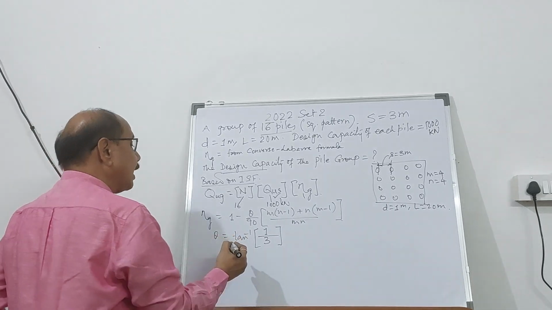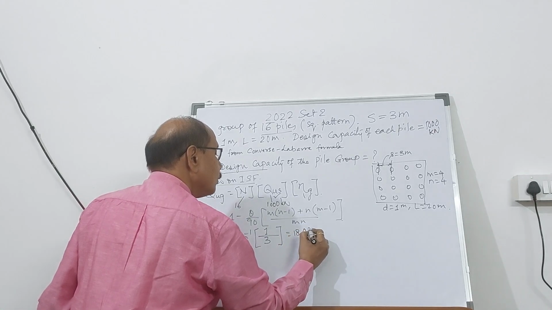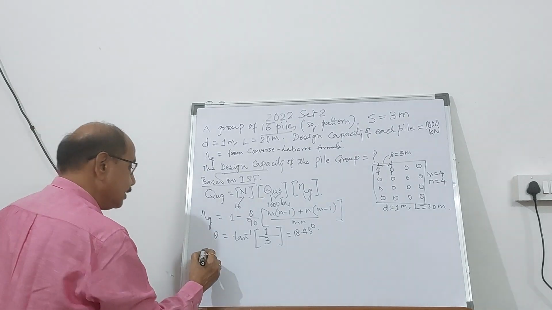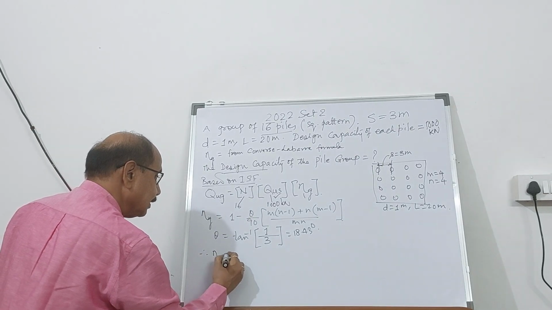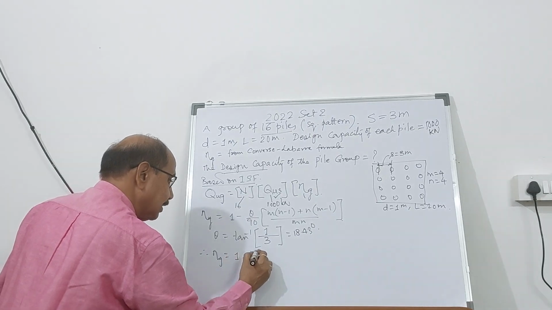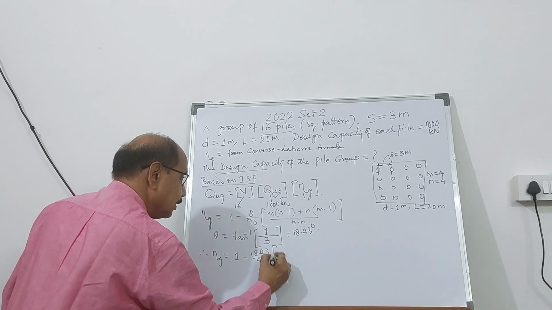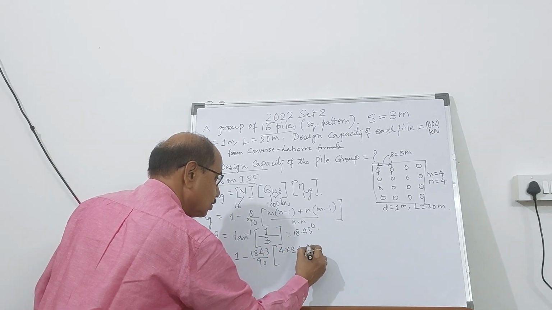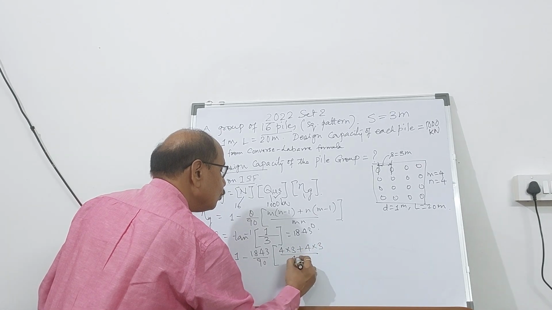So we can calculate this. This will be 18.43 degree. Theta is known to us. Therefore, eta G equal to 1 minus 18.43 divided by 90 into 4 into 3 plus 4 into 3 divided by 4 into 4.